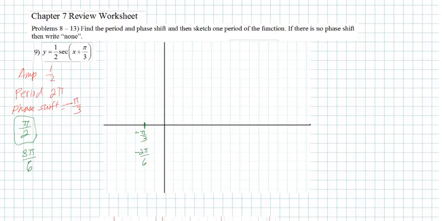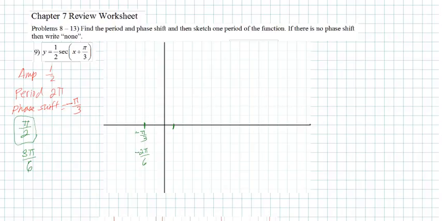Okay, so I'm gonna mark our quarters now. So negative 2 pi over 6, I'm gonna add 3 pi over 6, so just count 3 squares. 1, 2, 3. So it'd be right there.